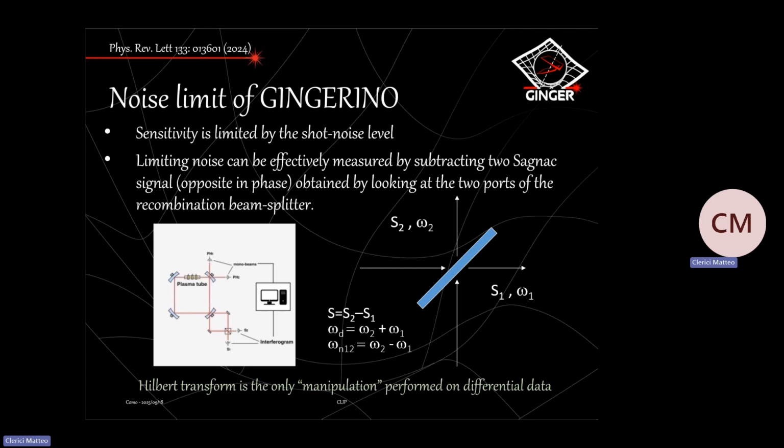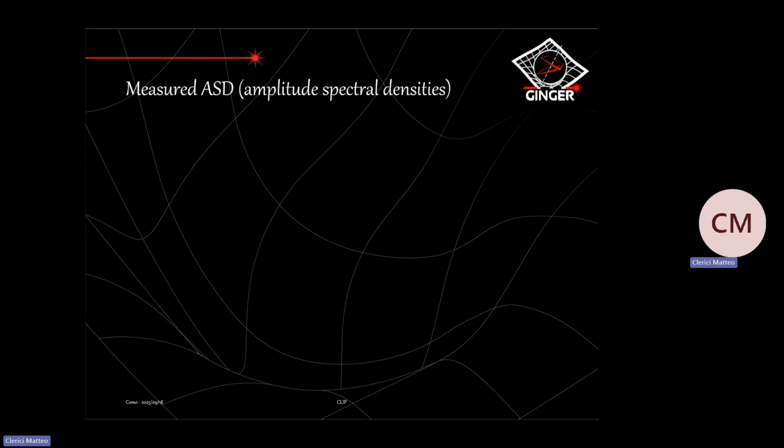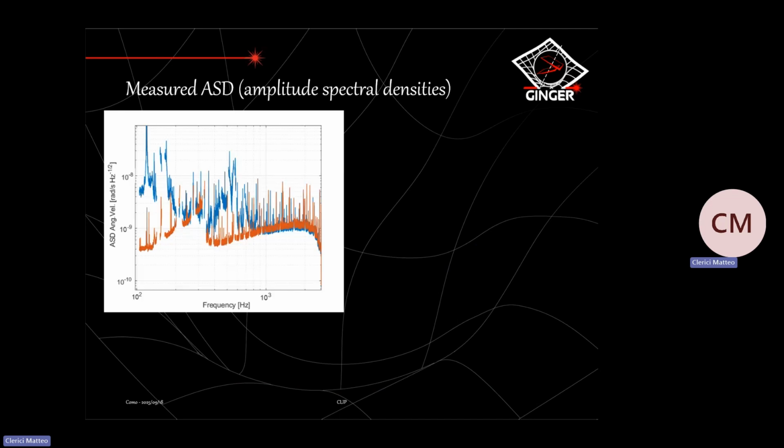They are statistically independent, this is for sure, and so the only manipulation that you have on data is to have the Hilbert transform that gives you the frequency from a periodic signal. So this is essentially the high frequency part of the noise spectrum. The red curve is the differential measurement and the blue one is the measure from single beats.